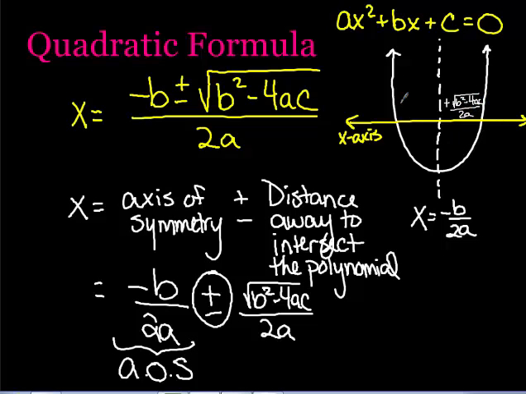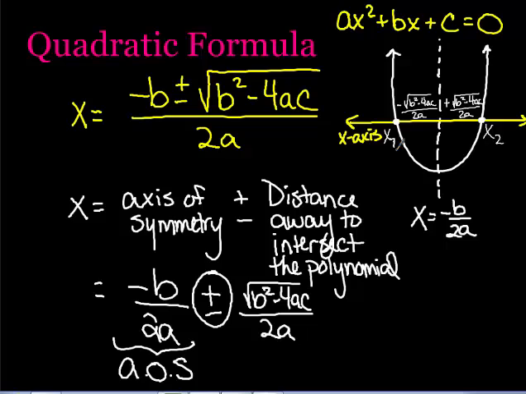And on the opposite side, we have minus the square root of b squared minus 4ac all over 2a. So we have some distance that we're going to add, and this will give me what we've been calling x sub 2, and some distance that we're going to subtract, and that'll give me x sub 1.